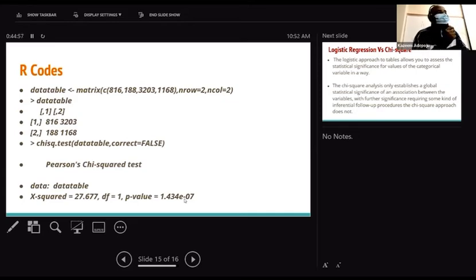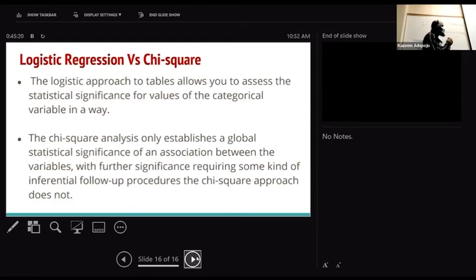But you know what? Logistic regression can tell us the two. Logistic regression can tell us whether there's an association or not. Logistic regression can also tell us how significant a categorical predictor is. And that now comes to my conclusion here. Look at my conclusion.